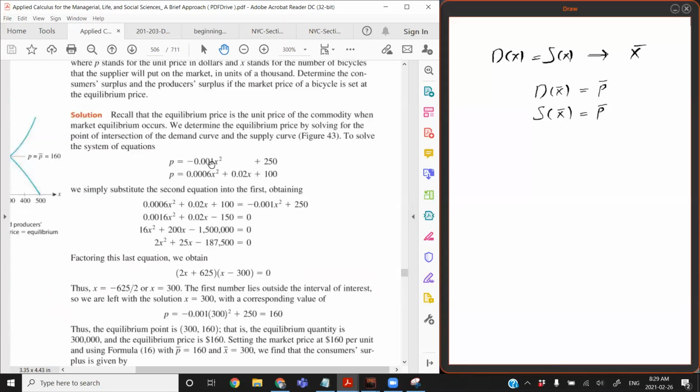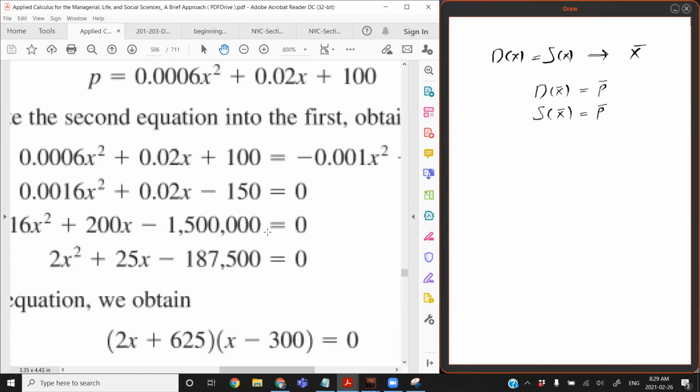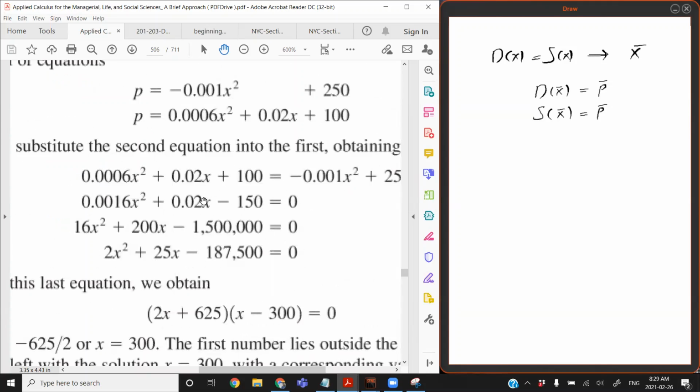So you have to make these two equal. That will give you this quadratic equation. You have to bring everything to one side. And then in order to get rid of the decimal point, you can multiply both sides by 10,000. So you get 16x squared plus 200x plus 1,500,000.